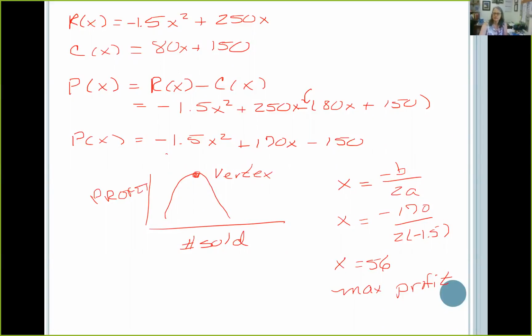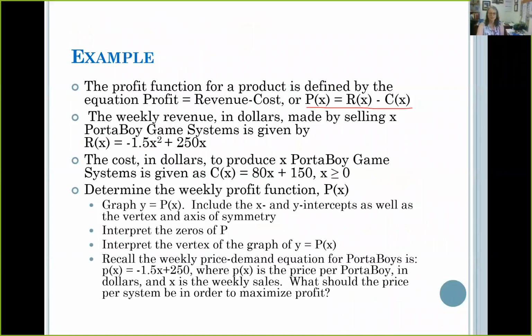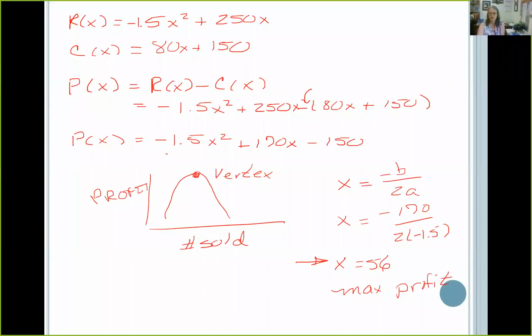How do I set the price? How do I sell 56 units? Well, let's look back up here. Remember that we've got a price function. The price function is negative 1.5x plus 250. So my price function is p of x equals negative 1.5 times x plus 250. I want to sell 56 units, so let's figure out what to price them at.